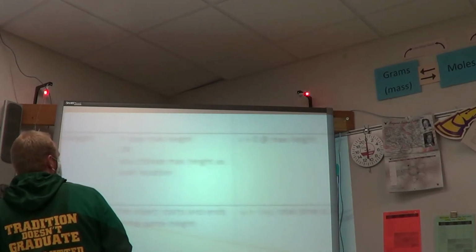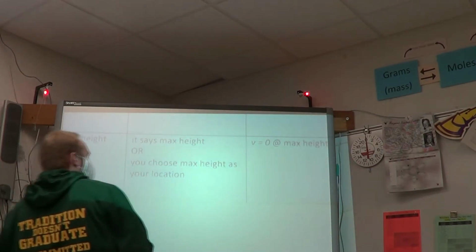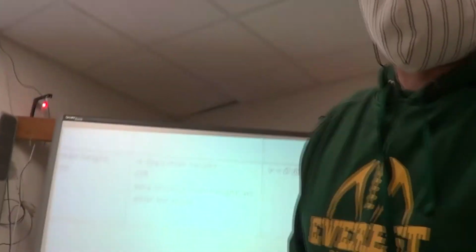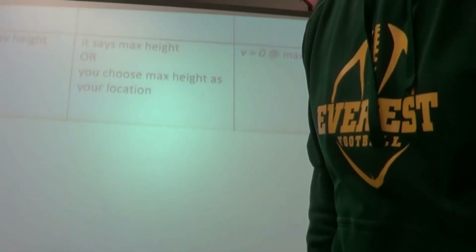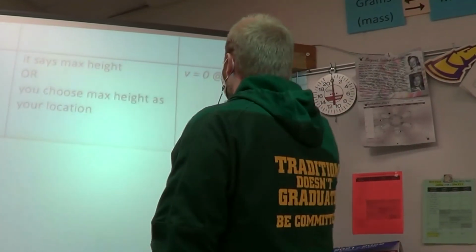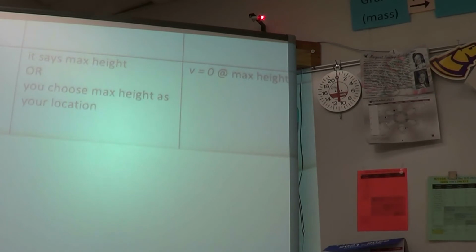And I know it's a max height problem because it says at max height, or it goes to its highest point. There are some different ways that we could word that. But at maximum height, we can say the velocity is 0. We can choose that location to be one of my two, and then that velocity would be 0.